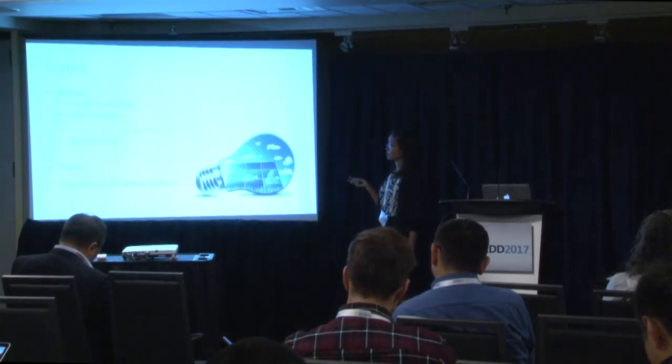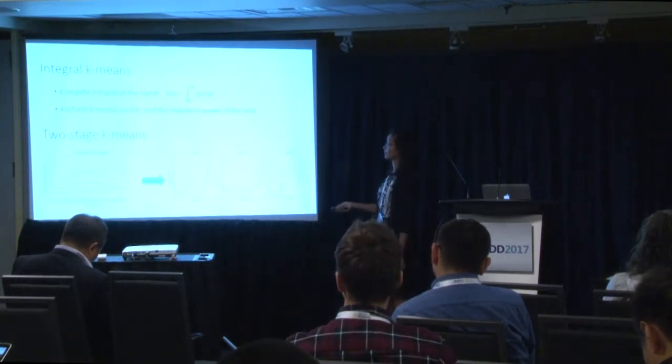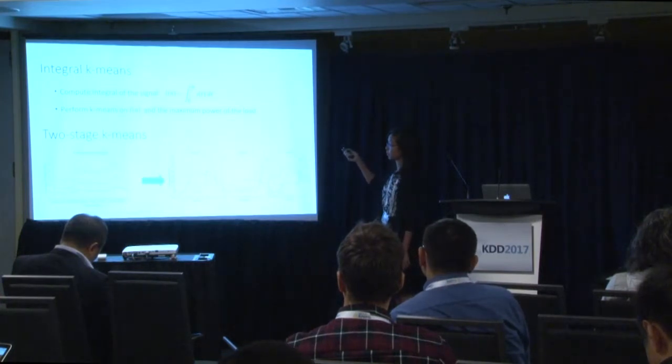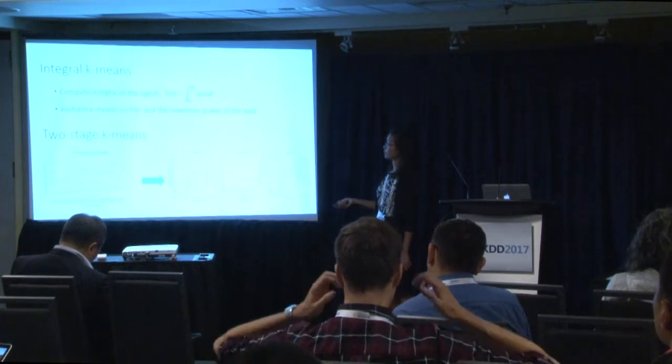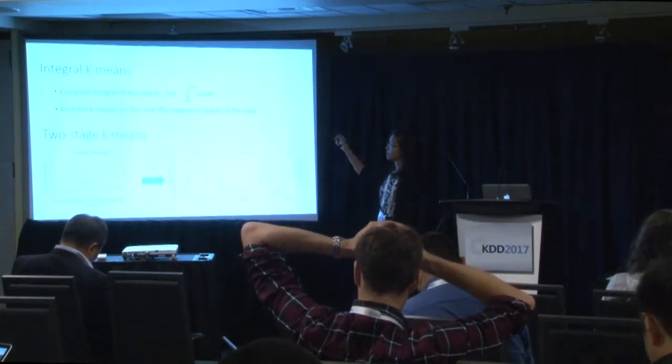Next I'll introduce two-stage K-means, which is able to cluster by both peak magnitude and consumption. First, introducing integral K-means, this method clusters by consumption only. Here we take the integral of the signal, essentially getting the energy consumed at each time step.